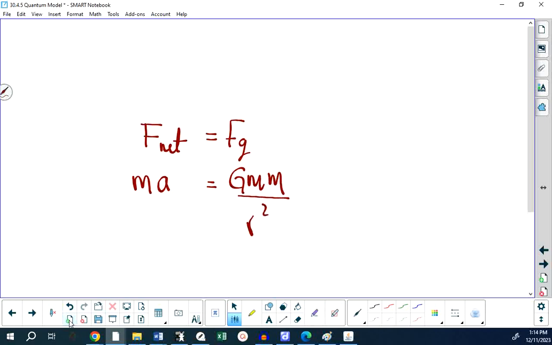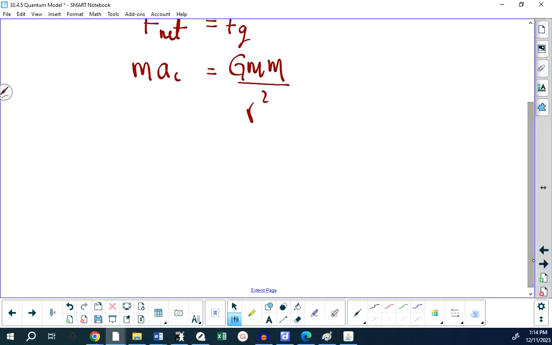You remember doing this in Physics 20? And the acceleration is centripetal. So that means it's m v squared over r equals this. I'm not going to do this problem. The mass that cancels is the satellite mass. You could do it. You could find the speed.